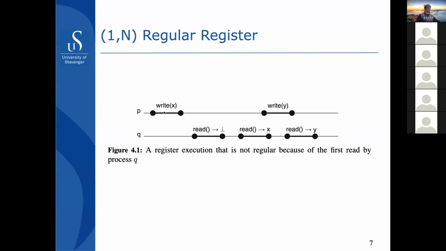Here we have a process P that has written the value X and it has completed, but somehow the process Q reads another value first, and only after a while it reads the value X, and also it reads the value Y before the value Y is written completely.